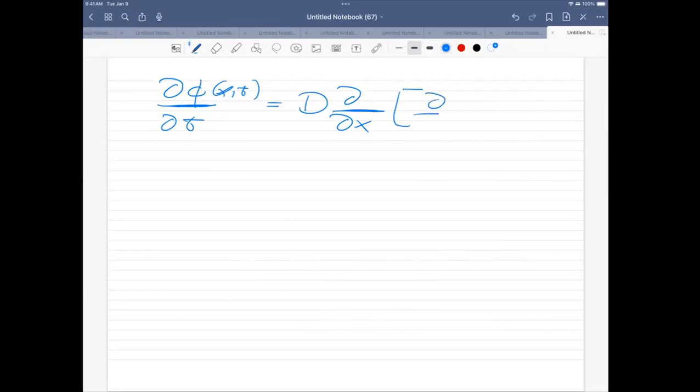And then I have a d/dx minus F here, where this F is an external force, multiplied with phi of x and t, and F can depend on both x and t if we wanted to. We are just going to assume that this F depends on the position x only. If we do that, then we can actually solve this equation, because this is the so-called Fokker-Planck equation.